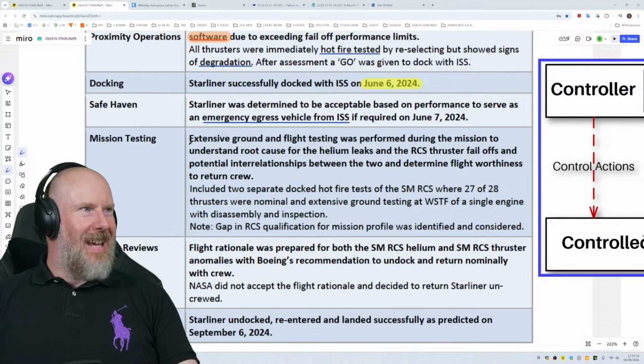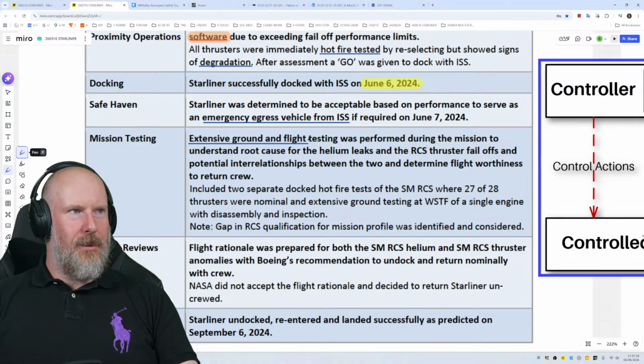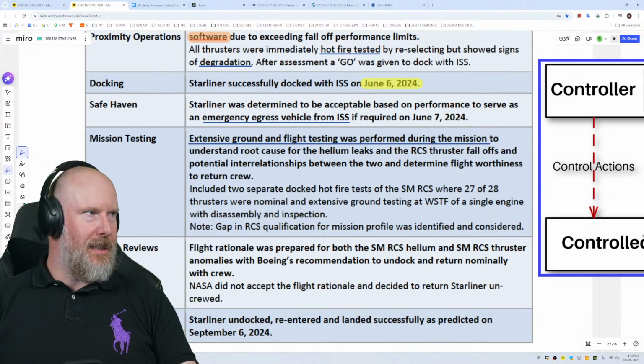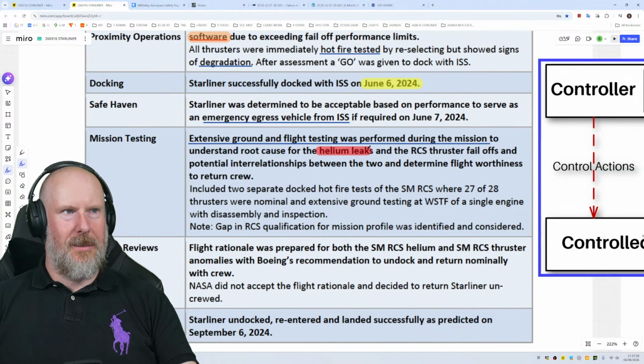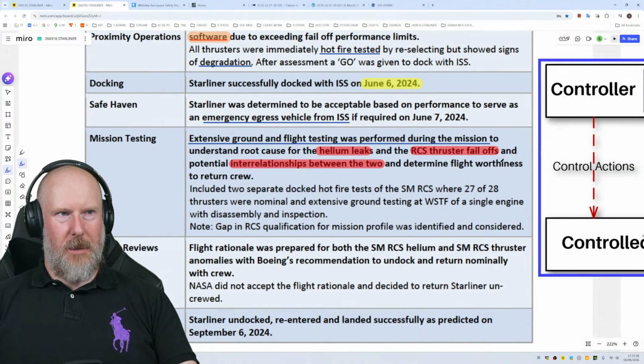Okay, so mission testing then. Extensive ground and flight testing was performed during the mission to understand root cause for the helium leaks. So that was one issue, the helium leaks, and the RCS thruster fail-offs, and potential interrelationships between the two, and determine flight worthiness to return the crew.